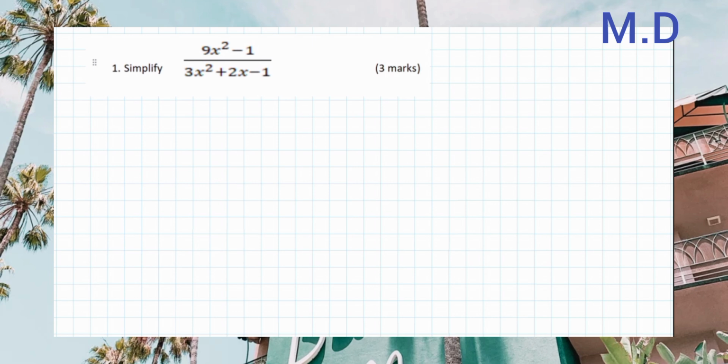In this scenario, we first need to factorize the numerator, which is 9x² take away 1.